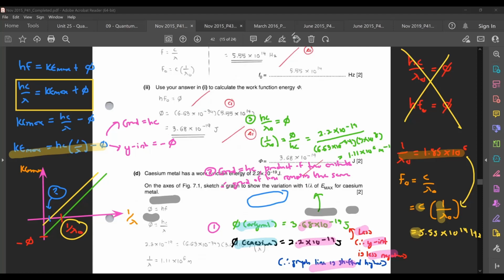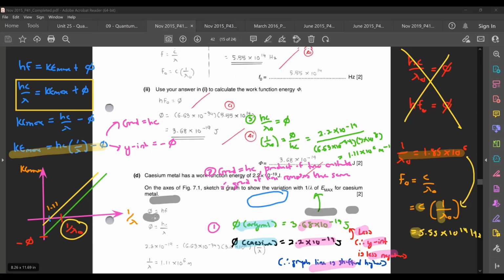So when you draw your line, make sure that it hits an x-intercept of 1.11 times 10 power 6 on your graph.